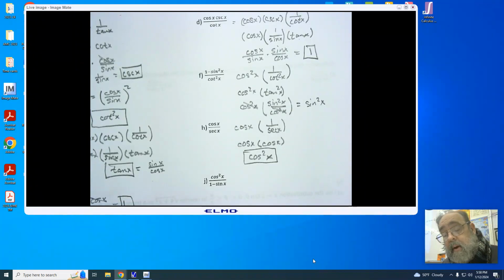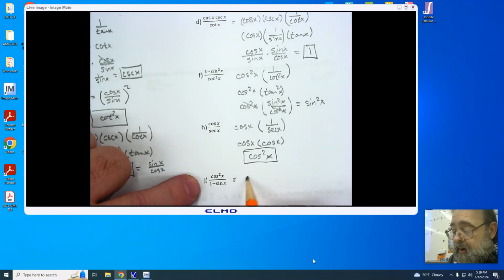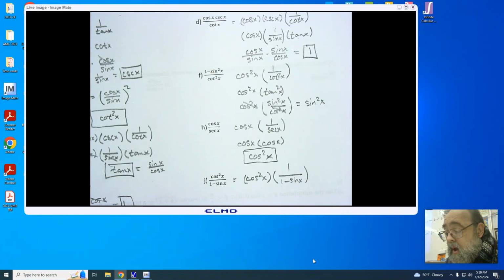J. Cosine squared of x divided by 1 minus the sine of x. Start by breaking it up just like we did before. So I'm going to call this the cosine squared of x times 1 over 1 minus sine of x. Now, when I do this, I can replace the cosine squared of x with 1 minus sine squared x. Notice it's a difference of squares.